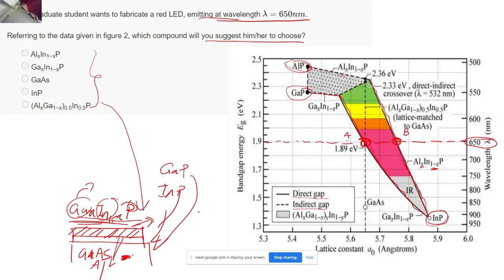Okay, just tell me what is the basic most condition of growing some kind of compound on top of this substrate. What is the basic condition?